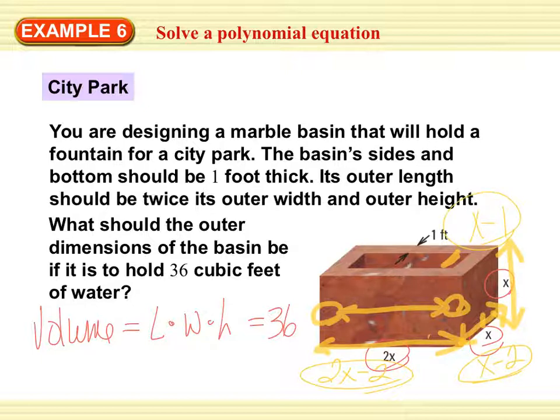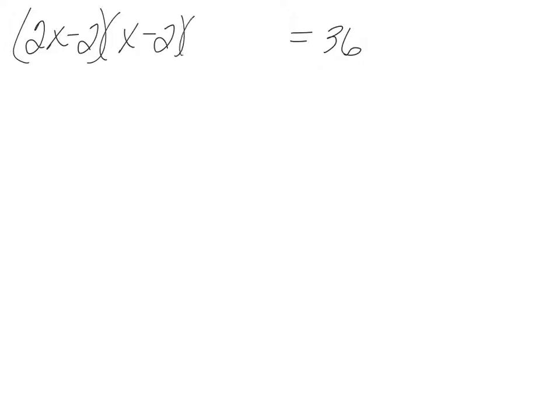Okay, I need more space now. So I know the volume is 36. And I know that I want the interior length, which we said was 2x minus 2, the interior width, which was x minus 2, and the interior height, which is x minus 1.